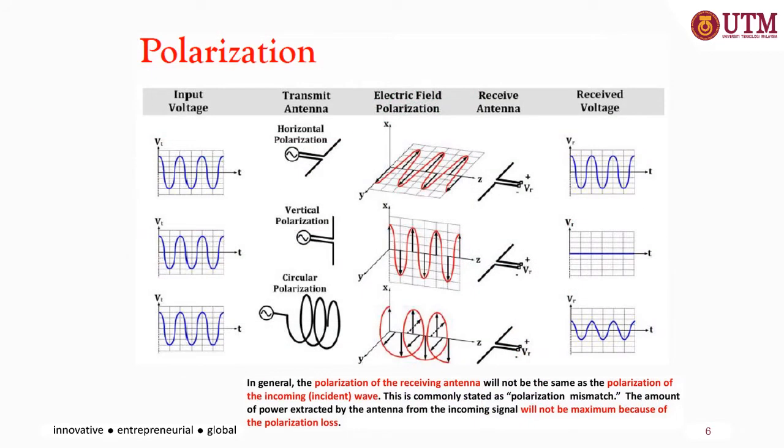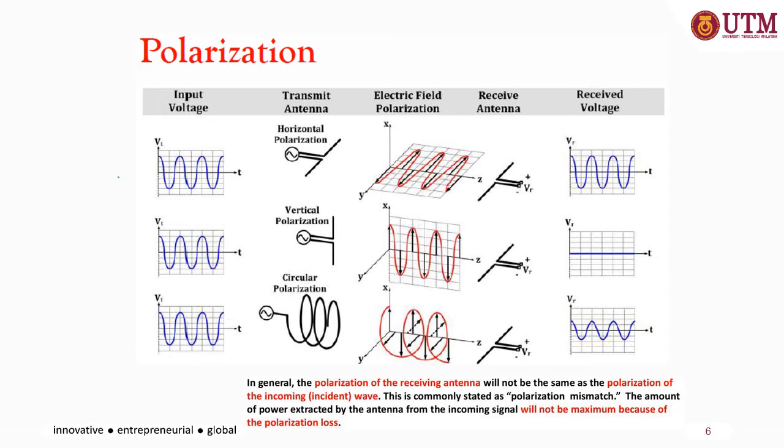Okay, this slide shows a sample of input signals, different orientations of the transmit antenna and also the receive antenna, and how the received signal looks when the polarization is similar or different between the transmitter and the receiver.